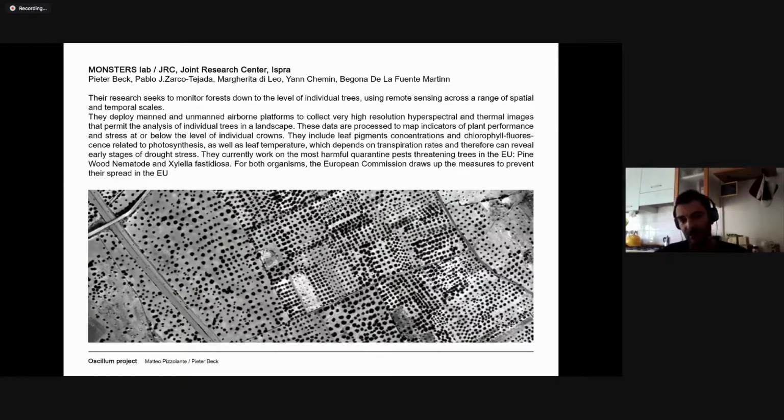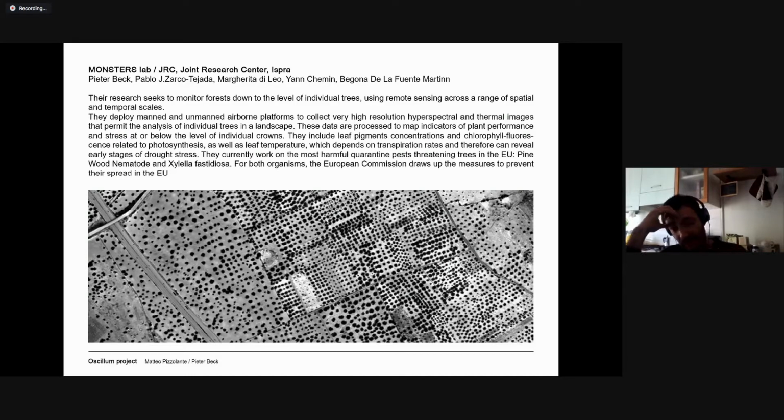So as I said before, the project was developed with this group, the Monsters Lab, led by the ecologist Peter Beck. And this research group monitors forests using remote sensing systems. So basically they take hyperspectral images and thermal images from aircrafts and drones.